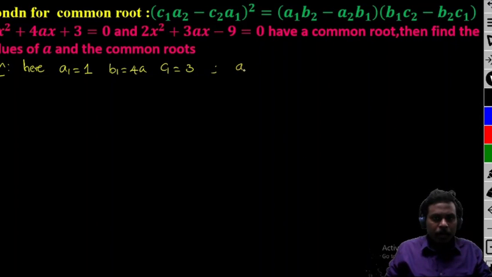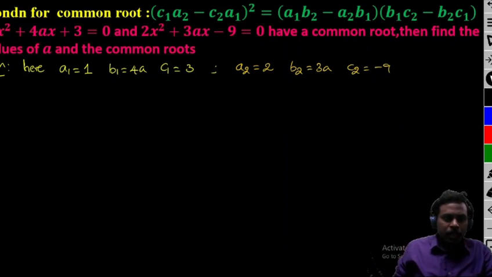Now a2 here is 2 and b2 here is 3a and c2 is minus 9. Upon substituting in the given condition, what do we get is c1 into a2, that is 3 into 2, minus c2, that is minus 9, into a1, that is 1. So this is my LHS term.